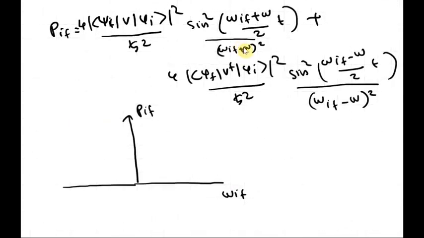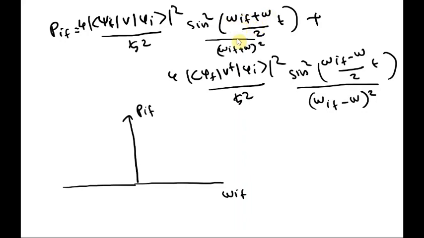Due to this factor, as you go further away from this omega if, the value is going to be reducing, and the value will be maximum close to which value? This is something that we have to see. This quantity has to be going to 0 for the sine square function to have a maximum value.